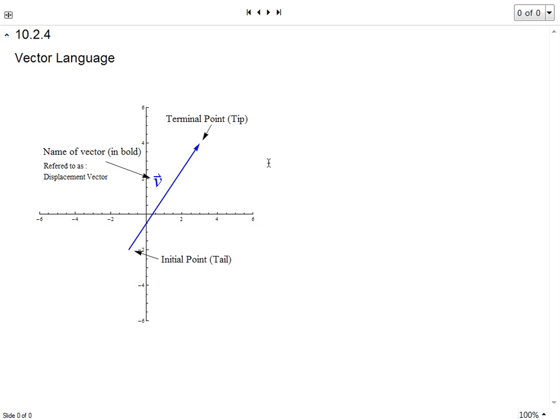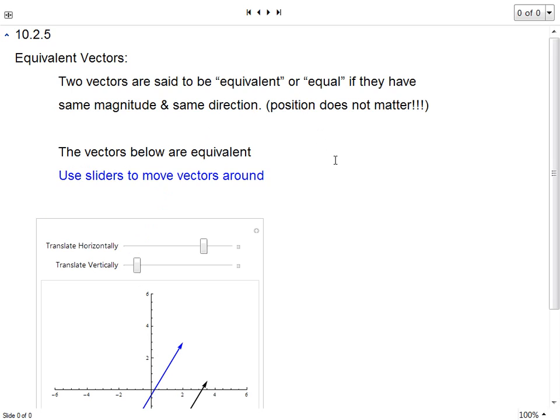All right, so this is what I was talking about. Any vector, we do it with this notation or in bold. This is called a displacement vector. We have the terminal point, which is the tip. We have the initial point, which is the tail. Now, two vectors are said to be equivalent or equal if they have the same magnitude and same direction.